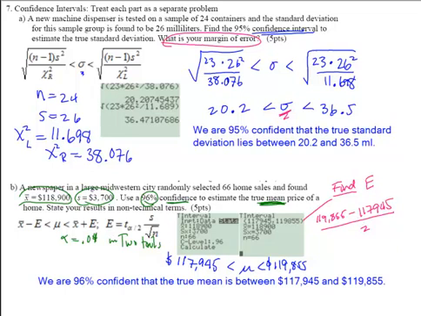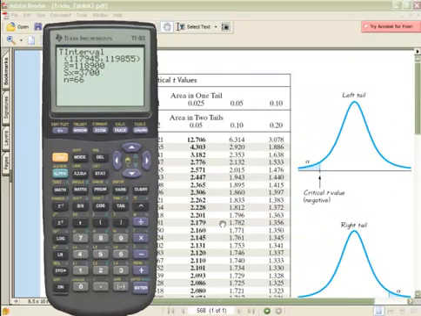So I suppose we can do that in our calculators. That's 119,855 minus 117,945.